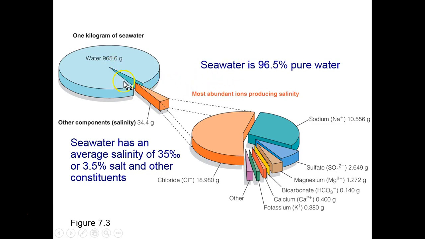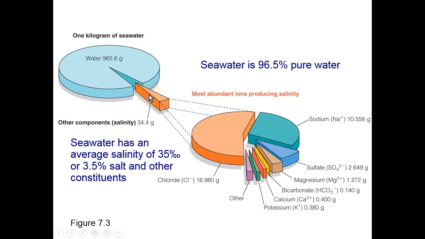And the remaining 3.5% are other components that are dissolved into the water. So that's out of 1,000 grams of seawater, 34.4 grams are dissolved substances. So on average, salinity of seawater is about 35 parts per thousand, or 3.5% salt and other constituents.